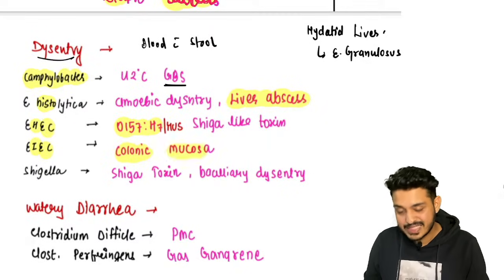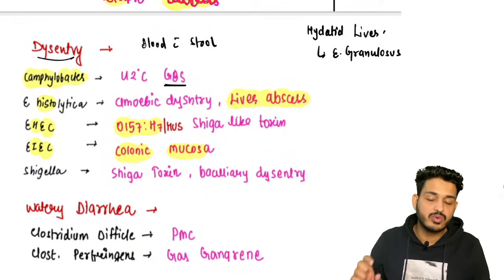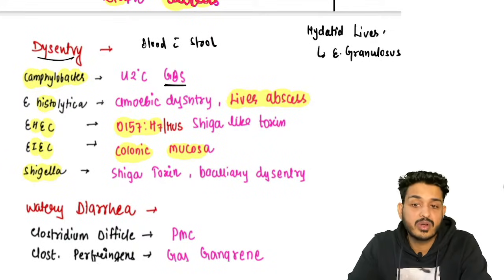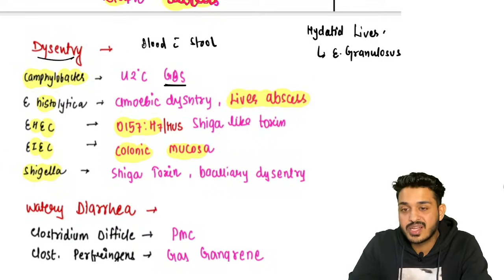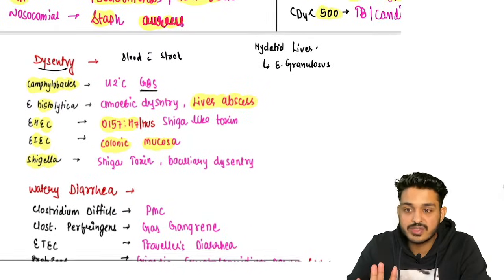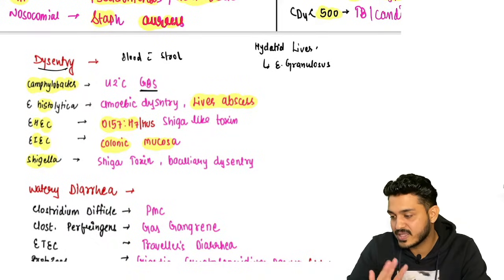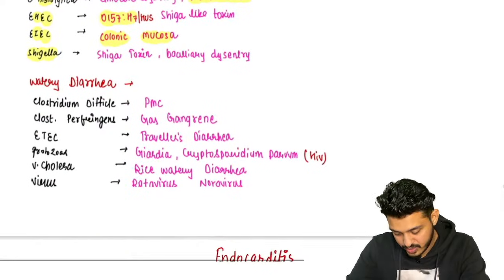Enteroinvasive means it is going to invade the colonic mucosa, leading to bleeding. Shigella is one of the most important causes of dysentery, and this is going to have Shiga-like toxins, and this dysentery is known as bacillary dysentery, right? So 5 causes you have to remember: Campylobacter jejuni, Entamoeba histolytica, EHEC, EIEC, and Shigella. These are the 5 important causes you cannot forget, right?